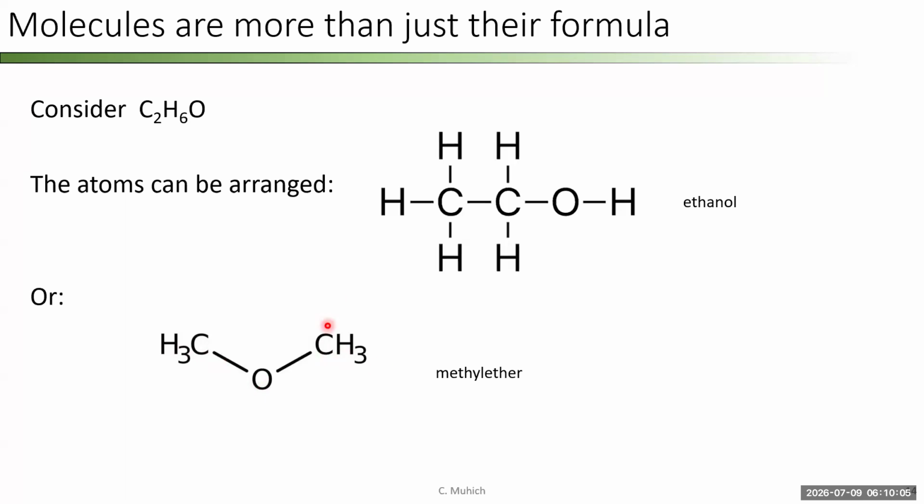Down here, we've written out the three hydrogens grouped together rather than in this form for ethanol, just for visual clarity. Okay, so even though these two molecules have the same formula, they have very different behaviors.